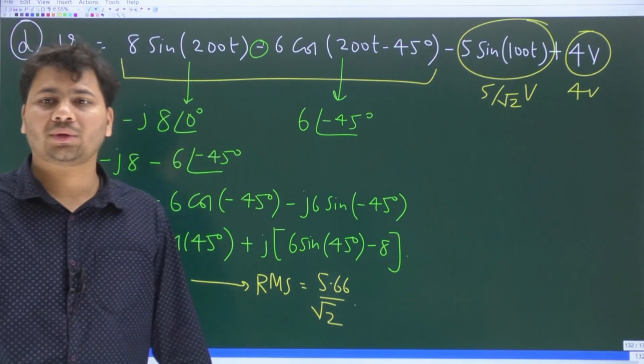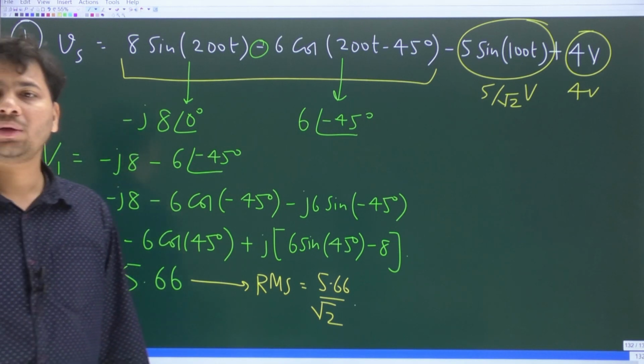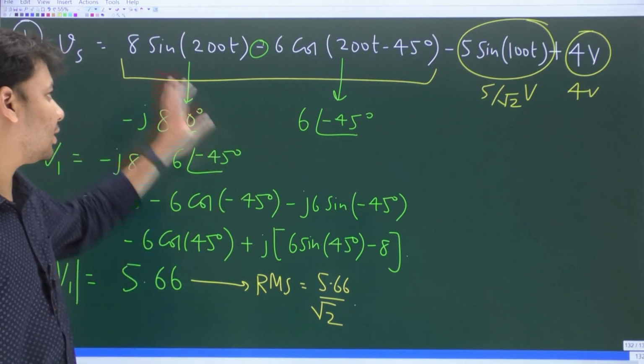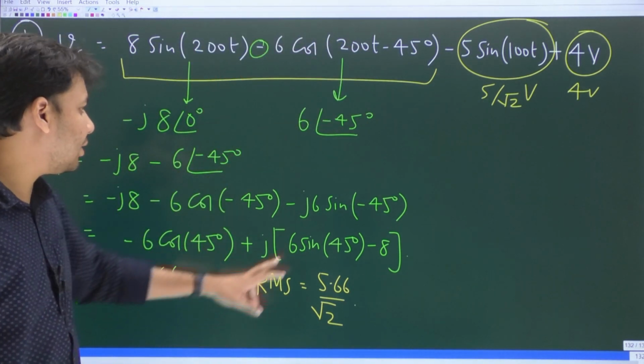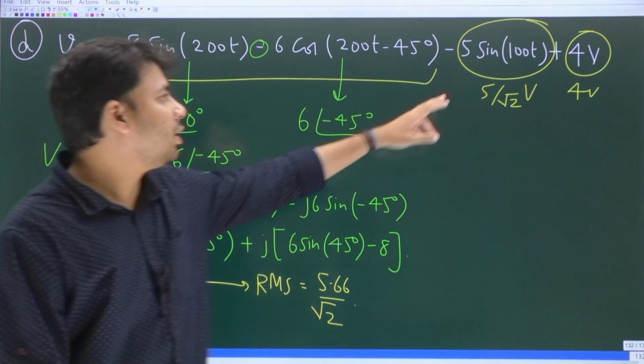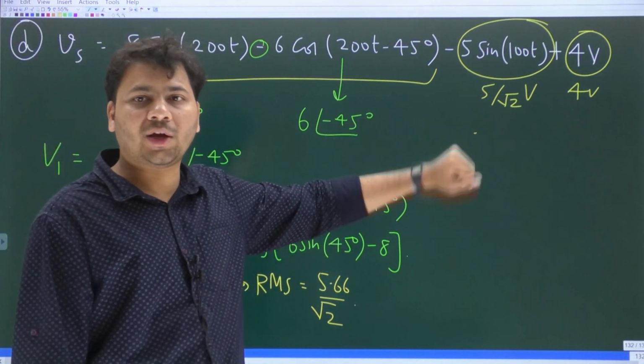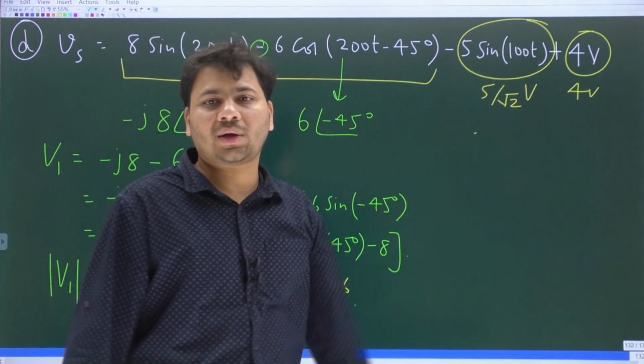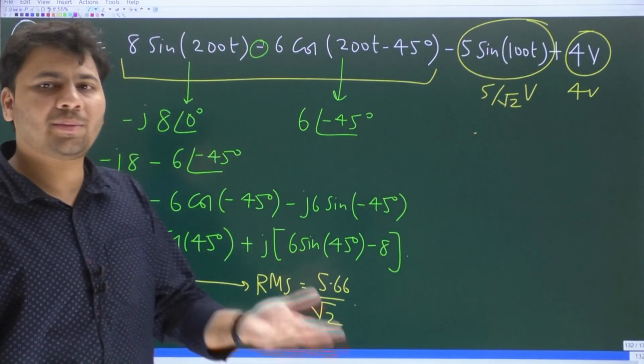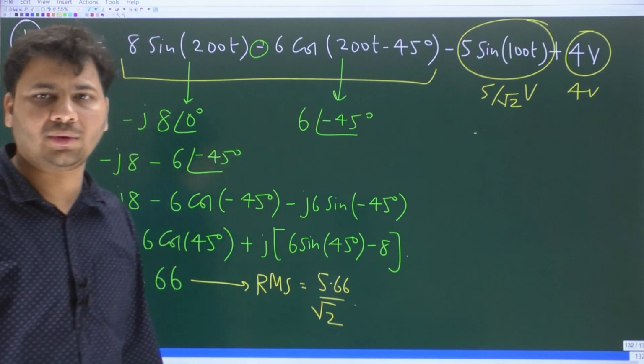Now we have the RMS values of all the 3 components. For this component, the RMS value is 5.66 by root 2. For this component, it is 5 by root 2. And for the last component, which is DC, the RMS value is the same DC value, which is 4.